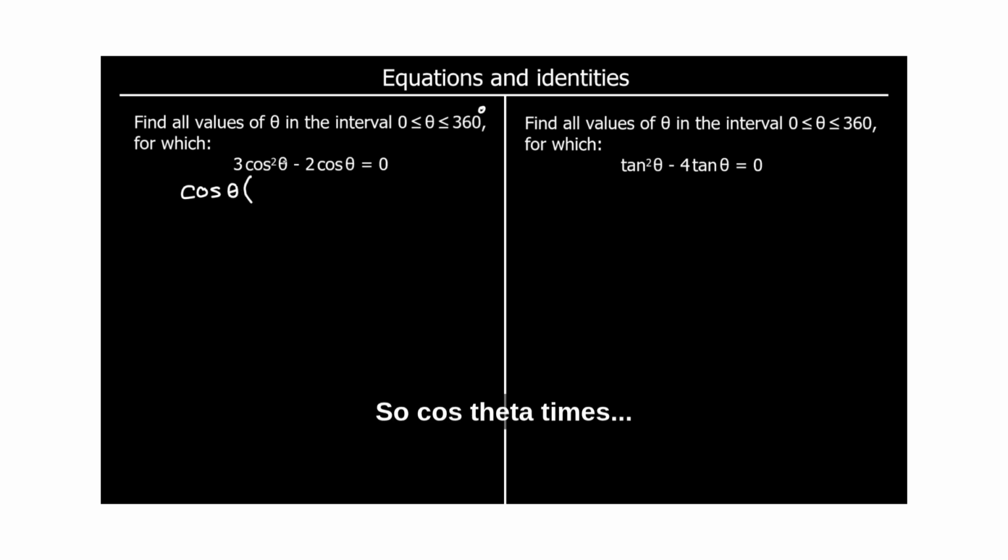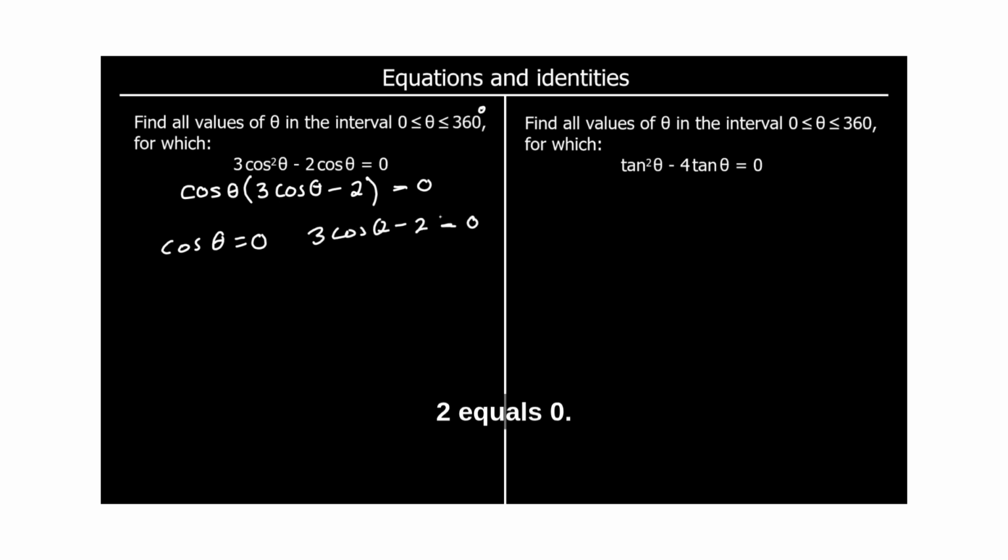So cos theta times 3 cos theta makes 3 cos squared theta. And cos theta times 2 is going to make 2 cos theta. So now we've factorized, either the first part, cos theta, is equal to 0, or the second part, 3 cos theta minus 2 equals 0.